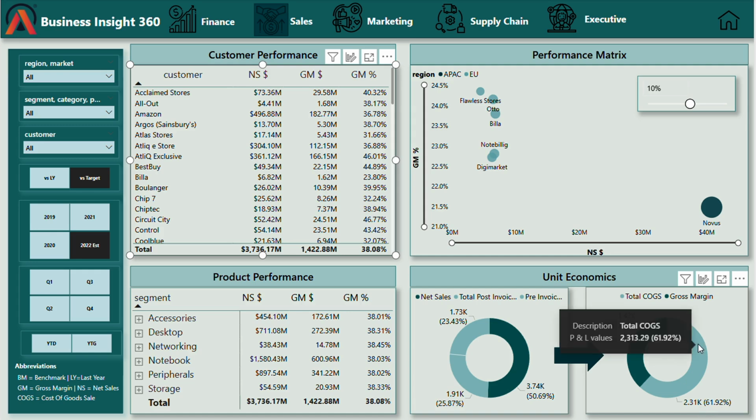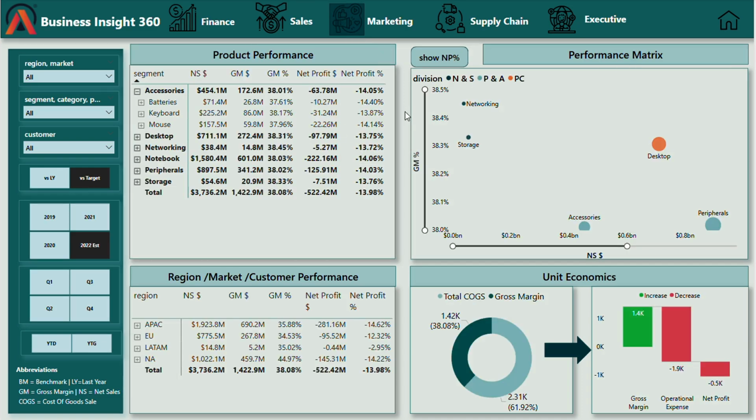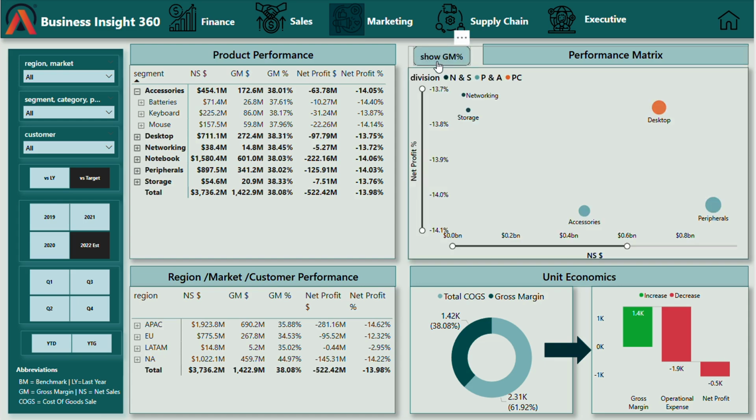Next, move to the marketing view. In the marketing view, again we have a performance matrix of net sales and net profit percent. Also, I created another view through a bookmark that says show gross margin percent and net profit percent.